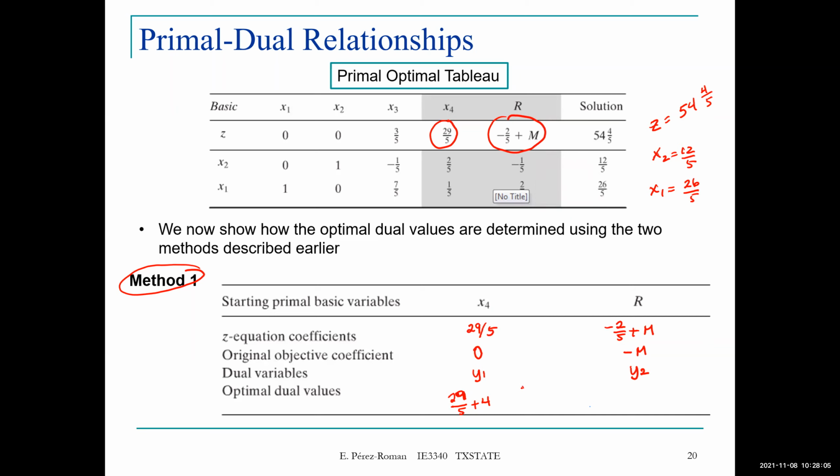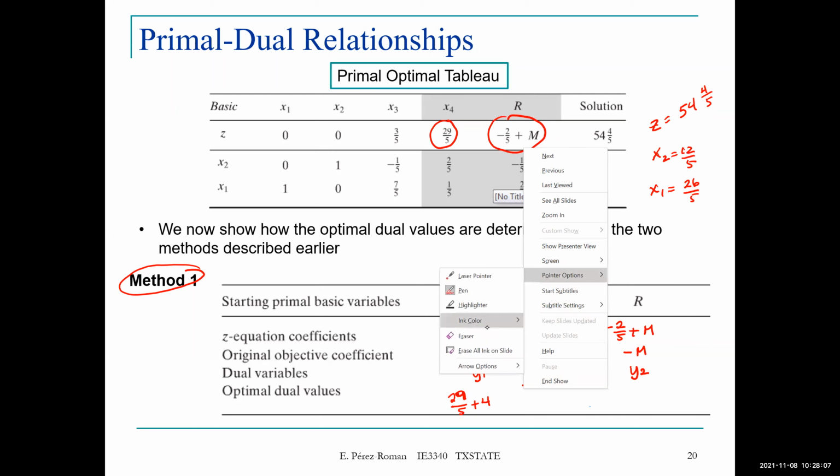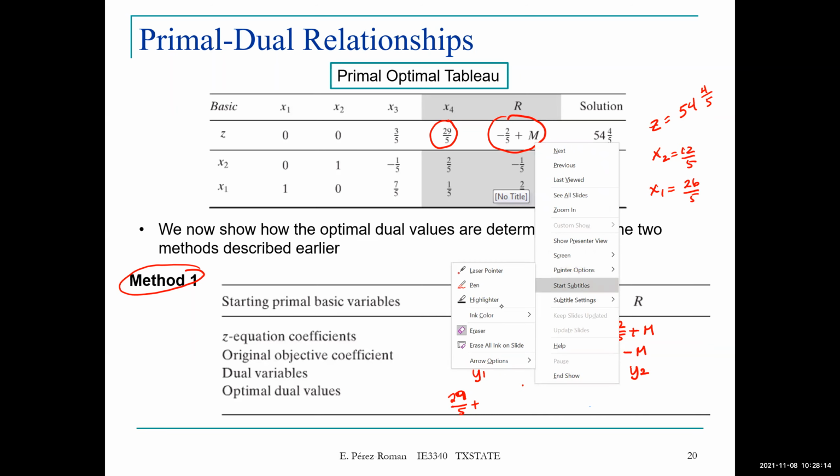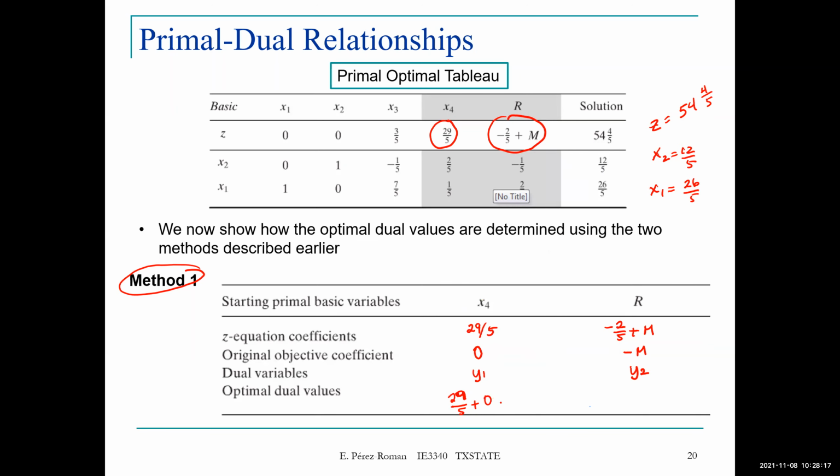Okay, so now I'm doing the operation. This should be 29/5 plus 0. So this is 29/5. And then this one for y2, we have -2/5 plus m minus m. So this is equal to -2/5.